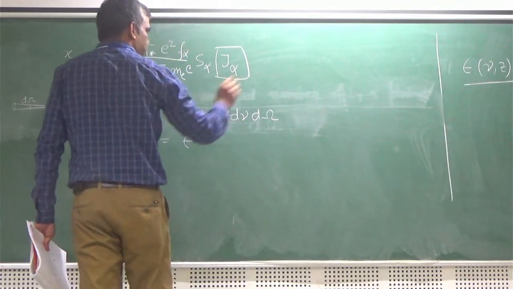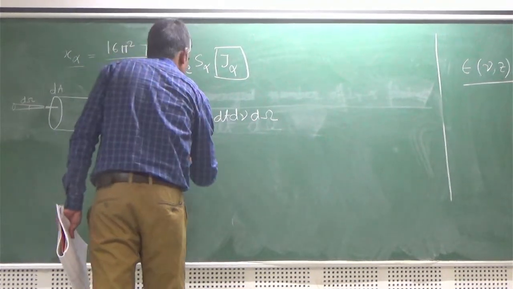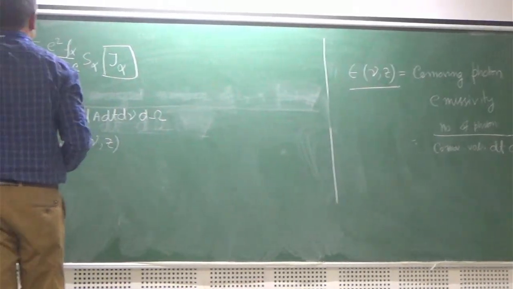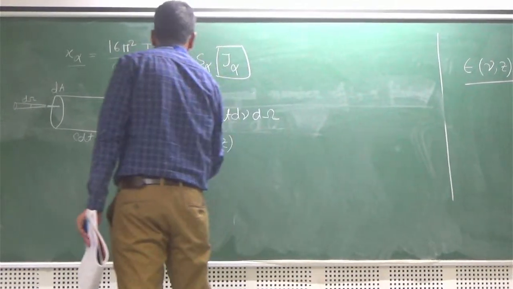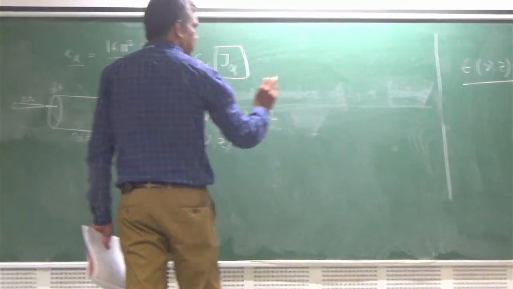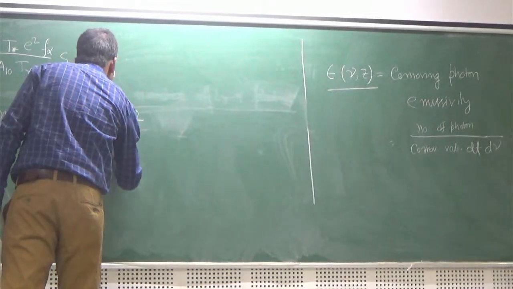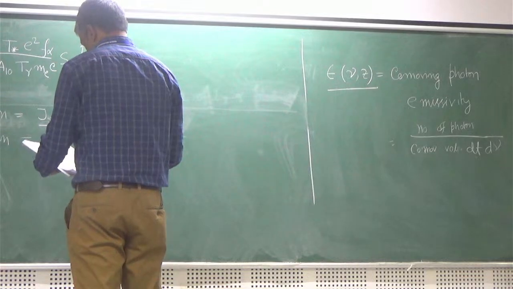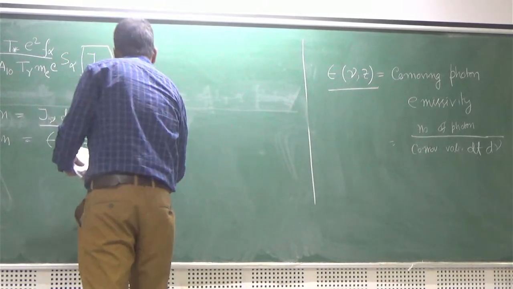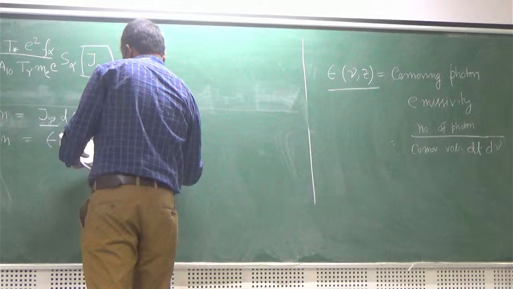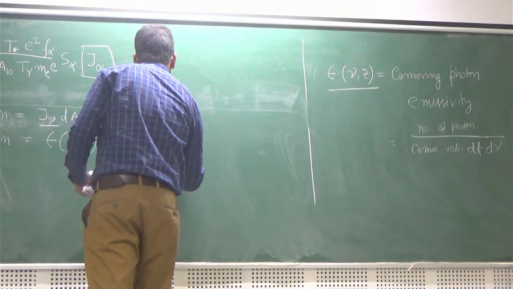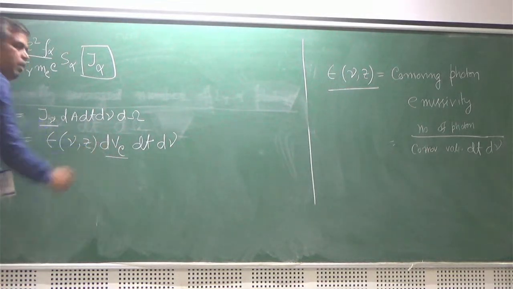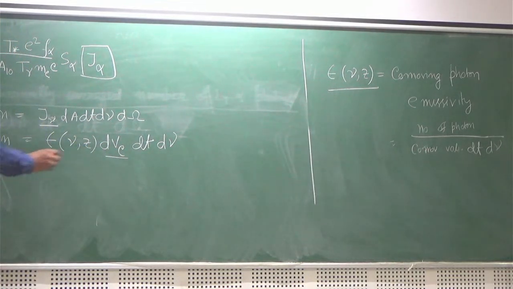Now if we use the definition of comoving photon emissivity, epsilon of nu and z, this is the definition, with dV_c and dt, where V_c denotes comoving volume.